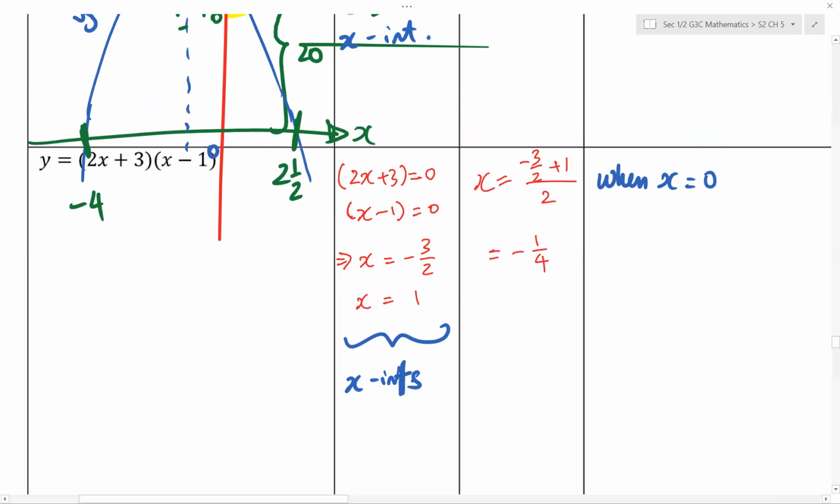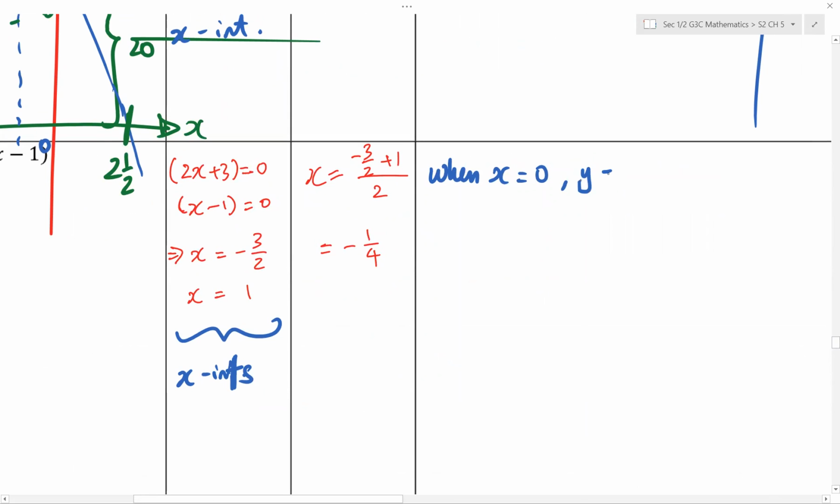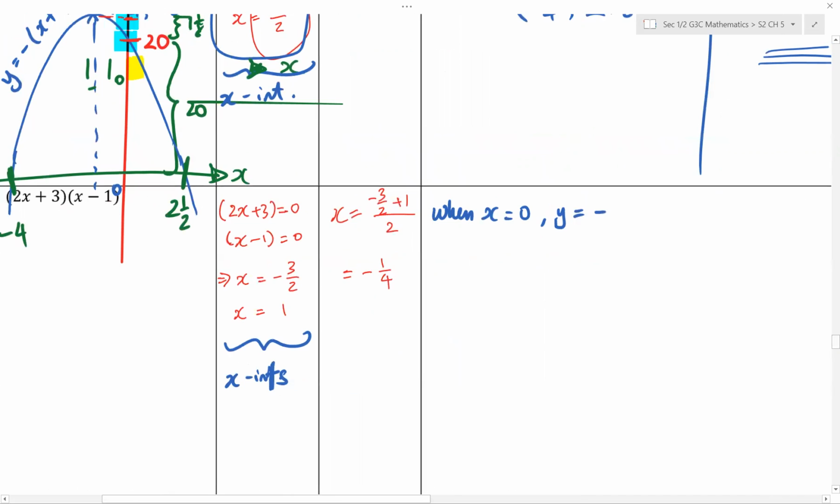I think we can do it mentally already. When x equals 0, we end up with 3 times negative 1, negative 3. No need for working. y equals 3 times negative 1, negative 3. So this is our y-intercept.